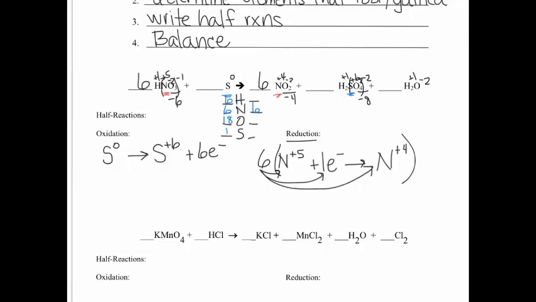I'm going to hold off on the oxygens for a minute because they're in 3 places. Hydrogen is in 2 places here, and it's 2 and 2 for 4. Sulfur is 1. Now to count up all of our oxygens. For this first one, we have 6 times 2, that's 12, plus 4 is 16, plus 1 is 17.